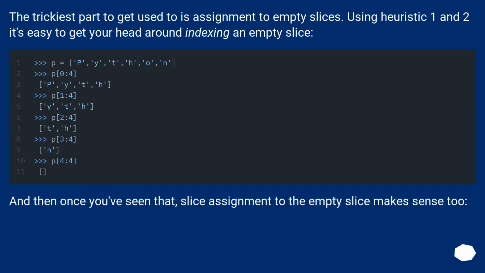The trickiest part to get used to is assignment to empty slices. Using heuristic 1 and 2, it's easy to get your head around indexing an empty slice. And then once you've seen that, slice assignment to the empty slice makes sense too.